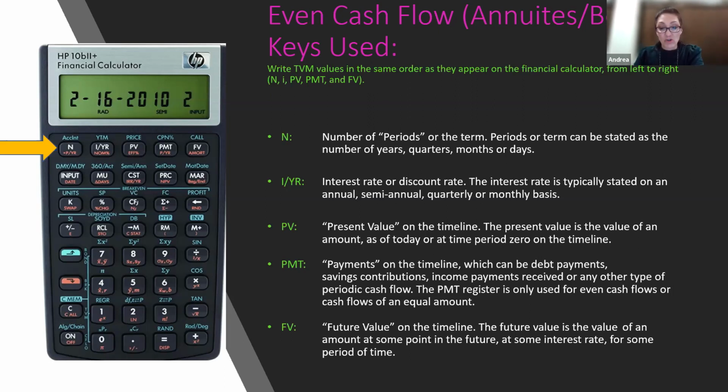The book will show you some extra steps. Like if somebody doesn't want to switch their calculator's time periods, then you have to do another step where you multiply or divide to get the correct answer. I'm showing you shortcuts on how to avoid any extra steps, because that's where it's easy to mess up.